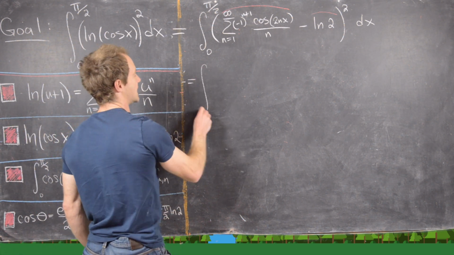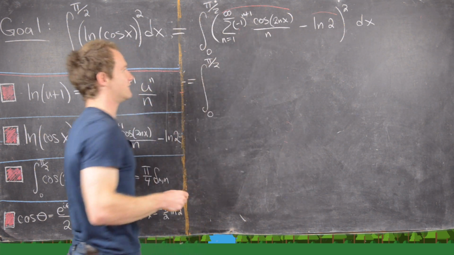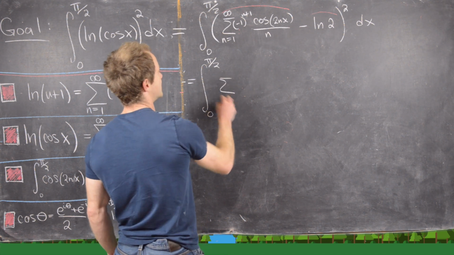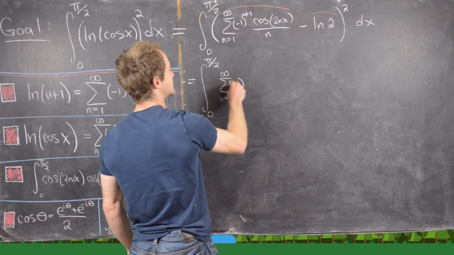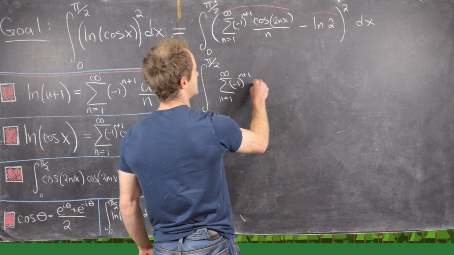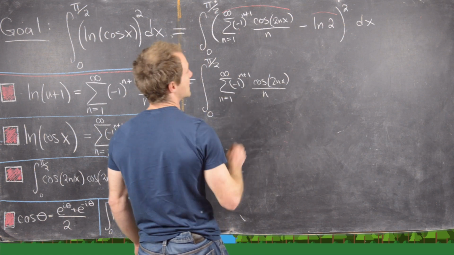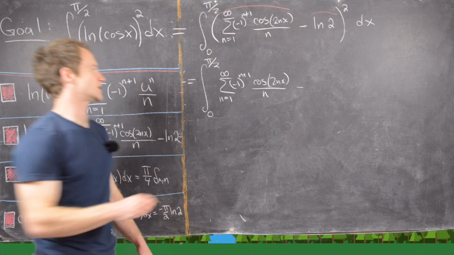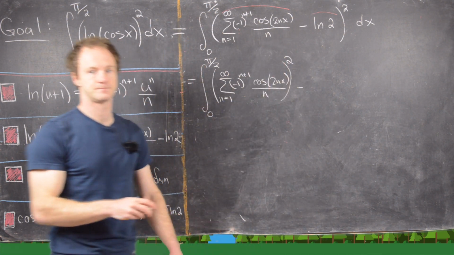So we're going to get the integral from 0 to pi over 2. Now I'm going to have the square of this series. So I'm going to have the sum n equals 1 to infinity of minus 1 to the n plus 1, cosine 2nx over n, and then minus twice the cross terms. Oh, and I should say this needs to be squared.